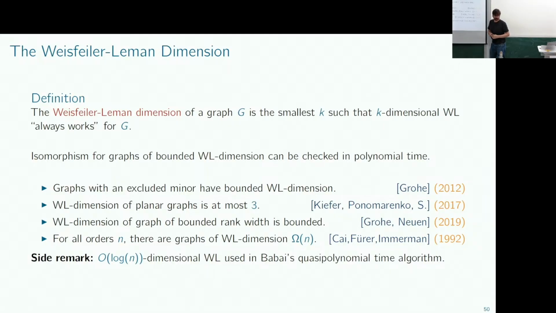Do you know the function for these graphs? The dimension? There is a paper. There's an explicit bound for genus. There's an explicit bound for tree width. I don't think there is an explicit bound for that. I'm not even sure. You certainly can extract it, but I don't think there's an explicit bound given.